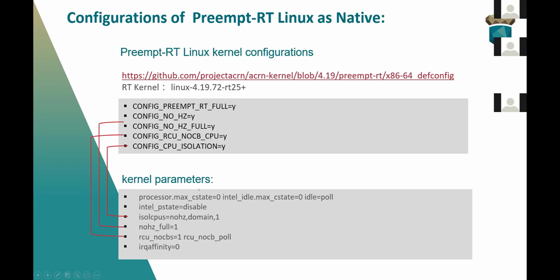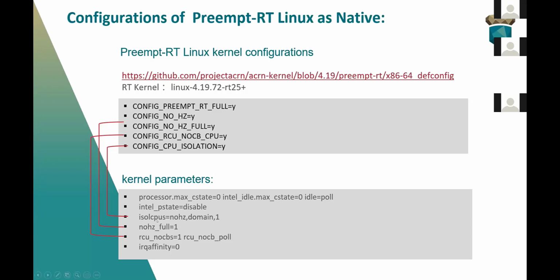These are the kernel parameters we configure. Actually, it is the same as native. I just listed them for example. This is for assisted P-state, we disable it. For idle, we set it to polling mode because we want the CPU to respond to interrupts immediately.